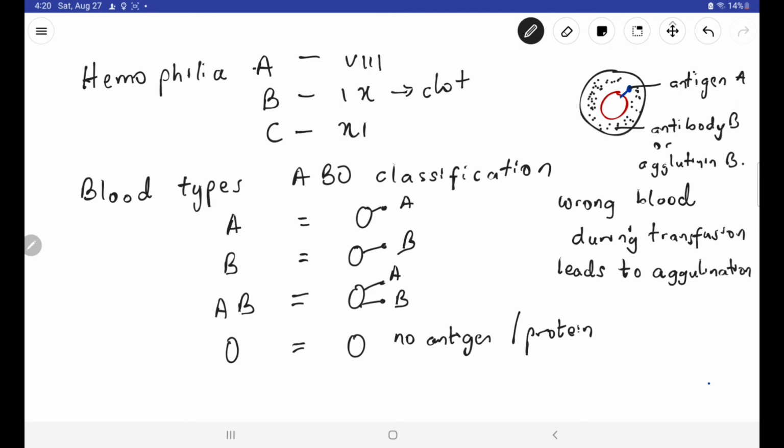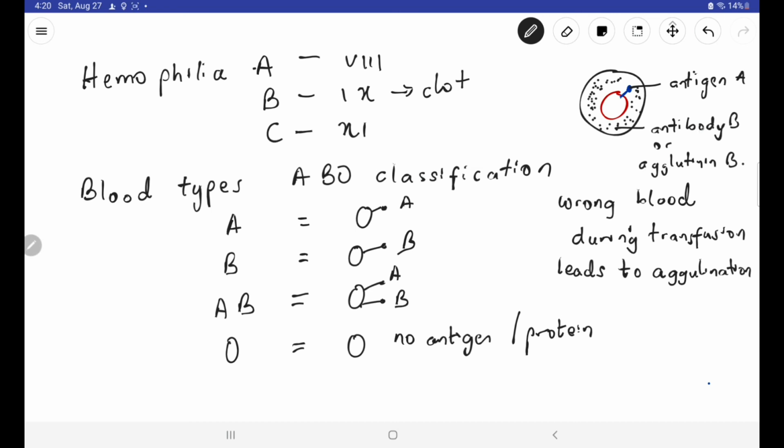Now, an antibody is an immune substance produced by the immune system that attacks antigens. So antibodies are produced by certain cells in the immune system and they would attack antigens.